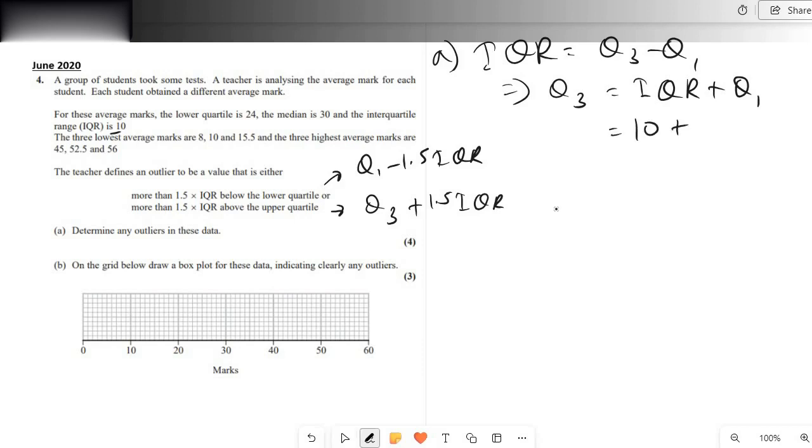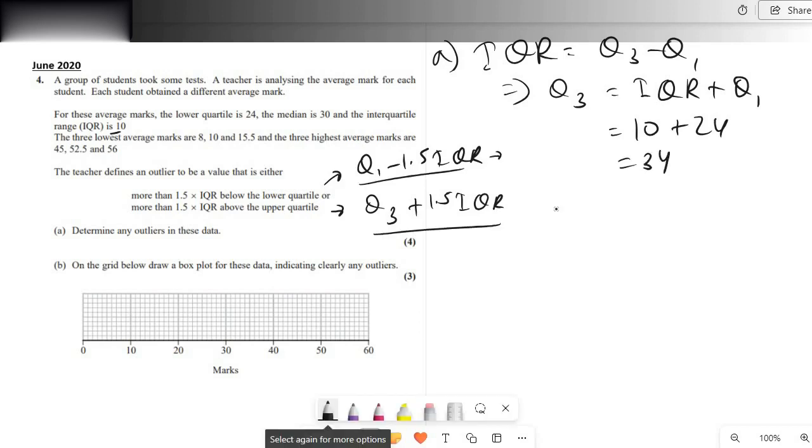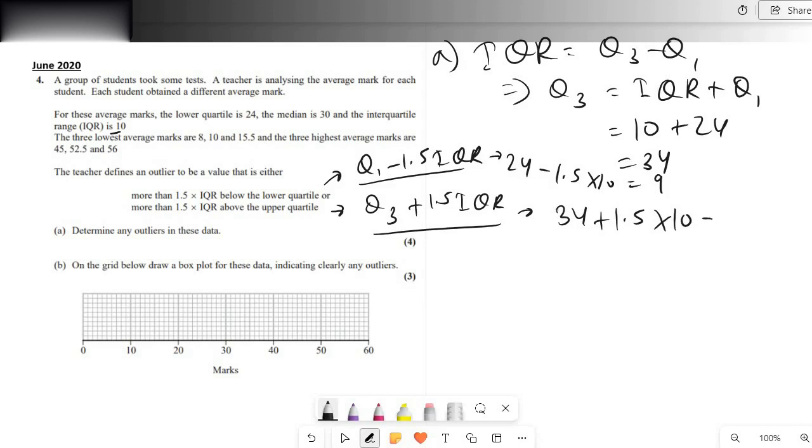So we add 24 to get a value of 34. And this is the upper quartile. Now we can evaluate this value, which is going to be 24 minus 1.5 into 10, that gives us a value of 9. And similarly, this is going to be 34 plus 1.5 into 10, and this is going to be 45.